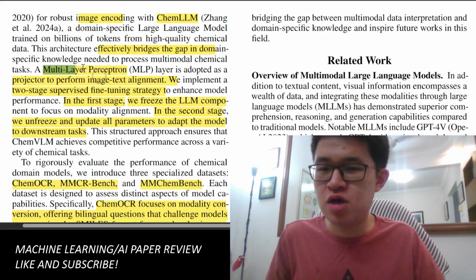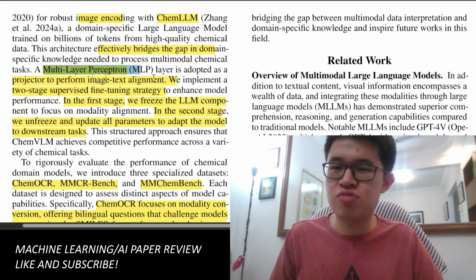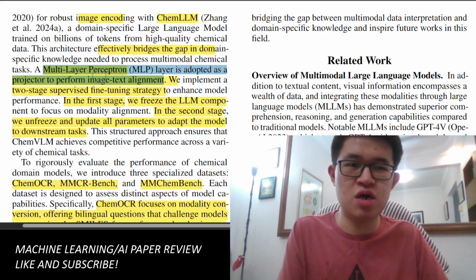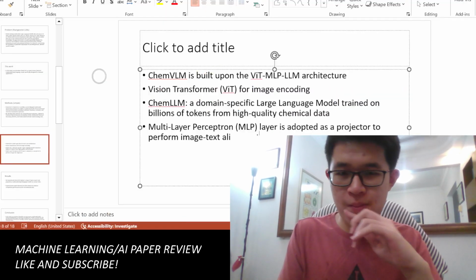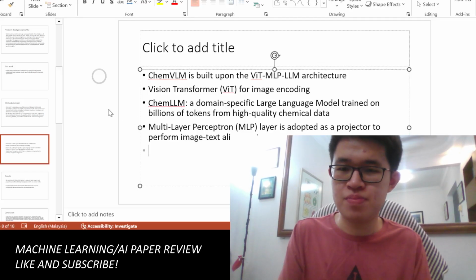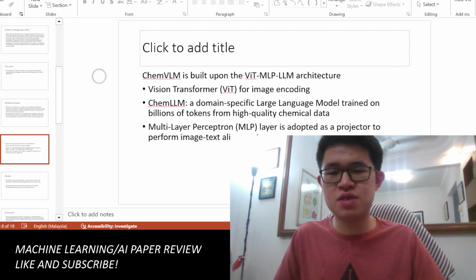And we have a multilayer perceptron for the alignment process. Okay, cool. So there are three components here.